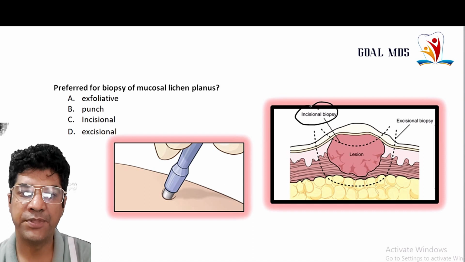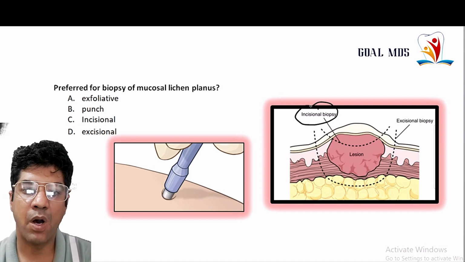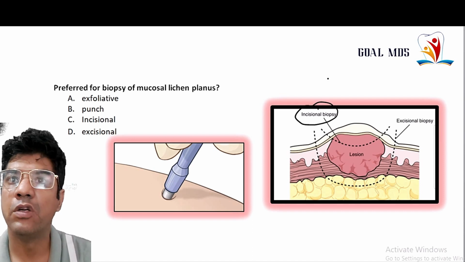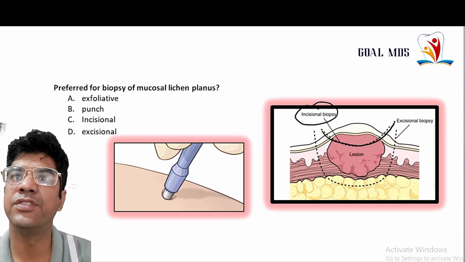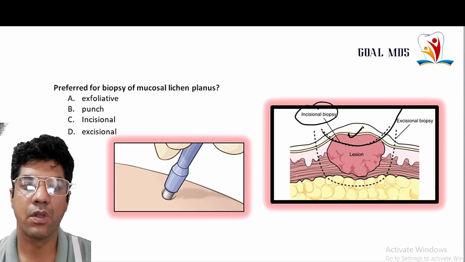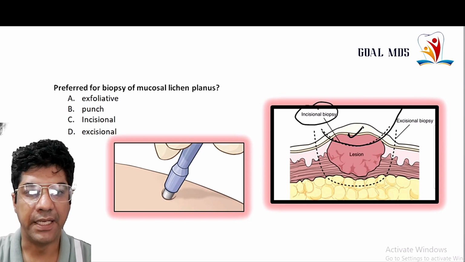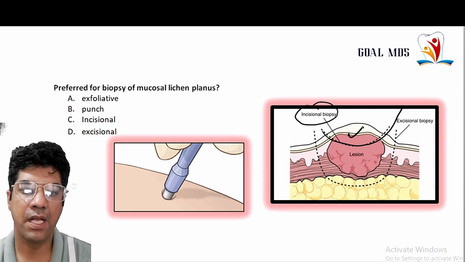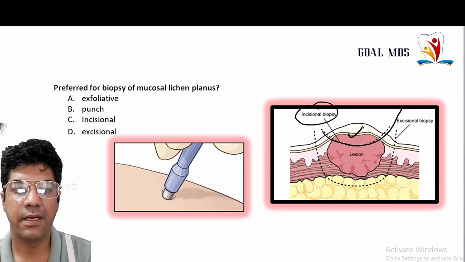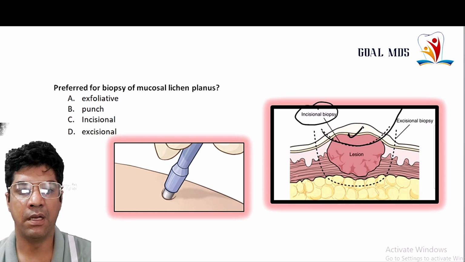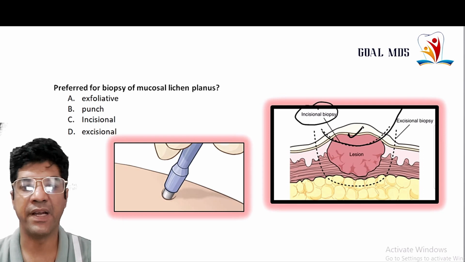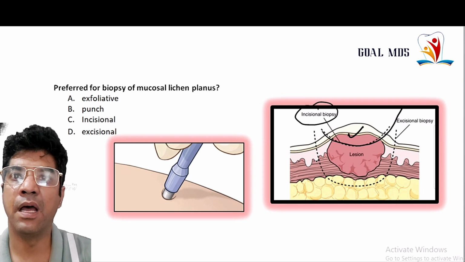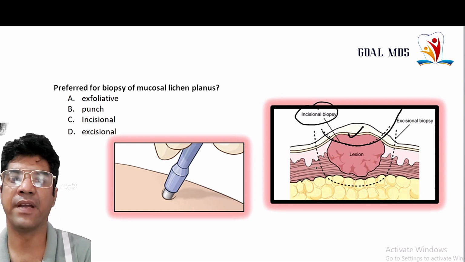So incisional biopsy means removal of a small piece of tissue from the affected area. This method is often preferred for mucosal lichen planus. So this method would provide a sample of the affected tissue while preserving the surrounding unaffected tissue.